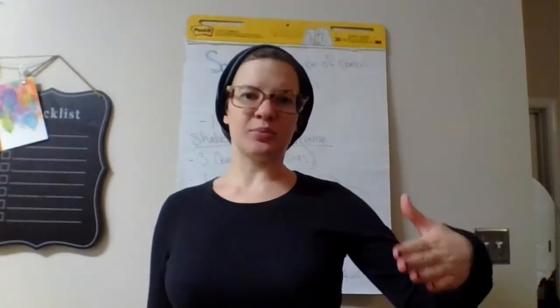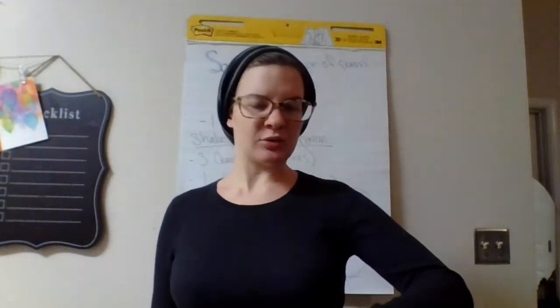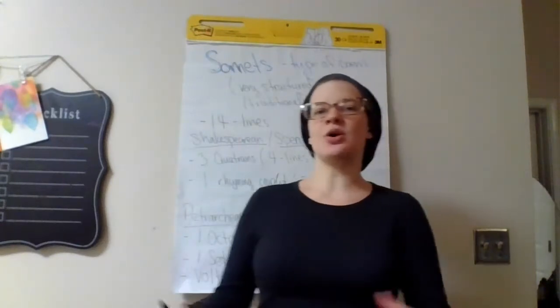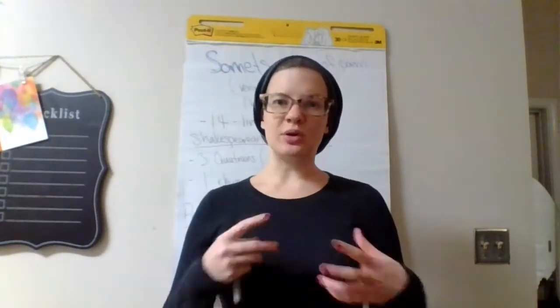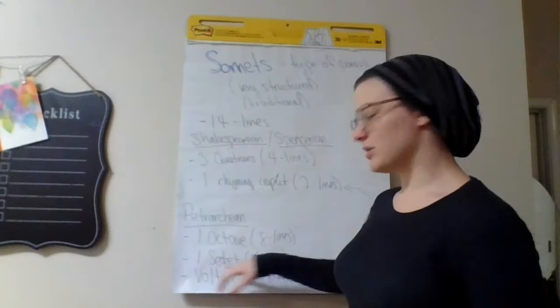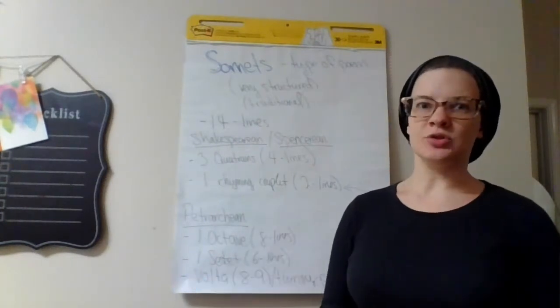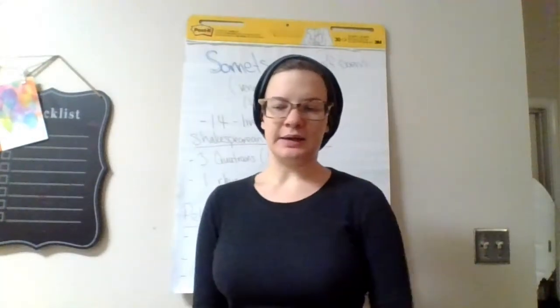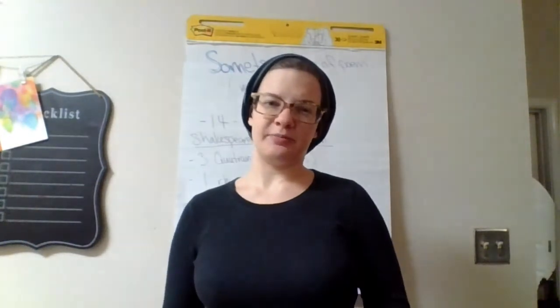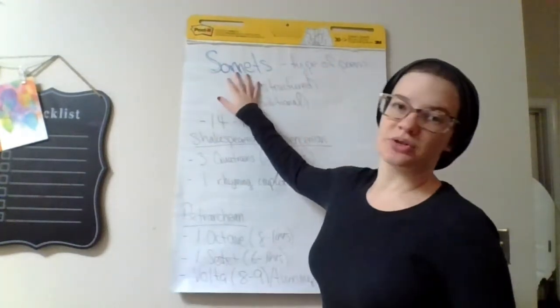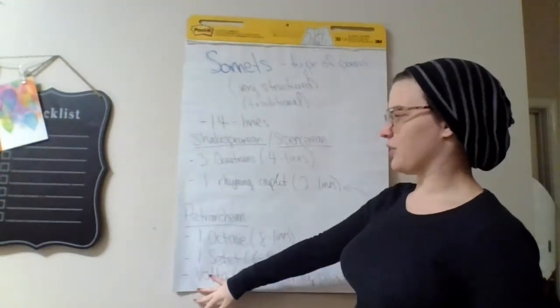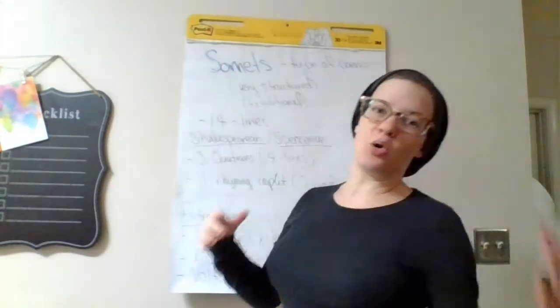So this is the problem, this is my solution in the rhyming couplet, or these are the ideas I'm talking about, and this is kind of me turning it on its head or commenting on it in some way. So that rhyming couplet or this volta moment do something different for the text that other types of poetry don't, and sonnets, of course, are very structured, so they will have either this volta or rhyming couplet moment.